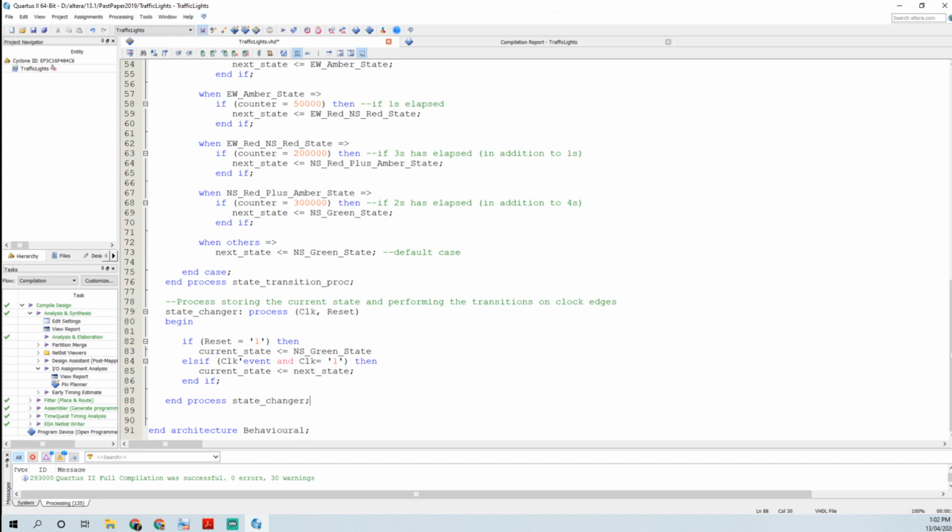The only other thing we need to do now is to write a process for the counter, right? So this is going to be a process which is sensitive to the clock, yeah.